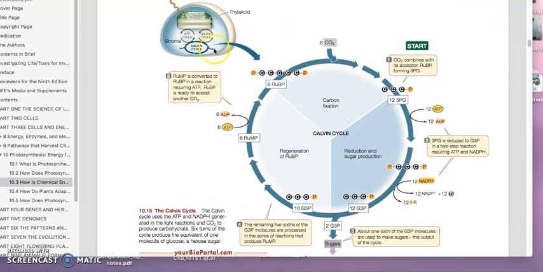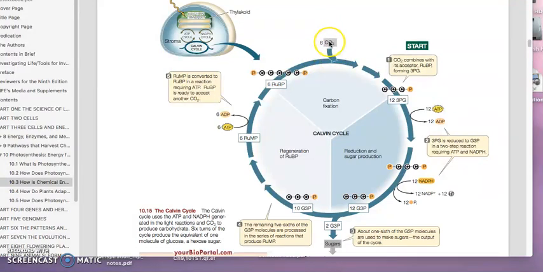You can see that the Calvin cycle takes place in the stroma of the chloroplast. There are those dark green, chlorophyll-filled thylakoids. So the Calvin cycle is taking place in the stroma. This is where the incoming carbon dioxide lands.